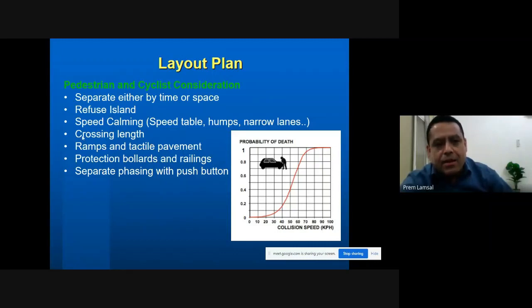For people using wheelchairs or carrying babies in strollers, we provide ramps. And wherever there is a pedestrian crossing, we provide bollards and railings for their safety.